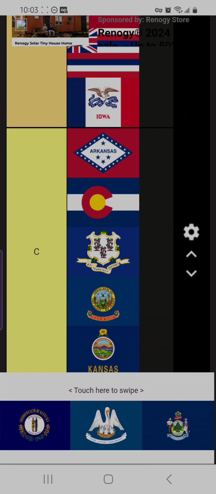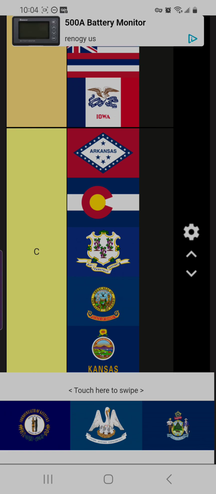Now Kentucky's seal has good things about it, but it has more bad things than good things. Like, united we stand, divided we fall.